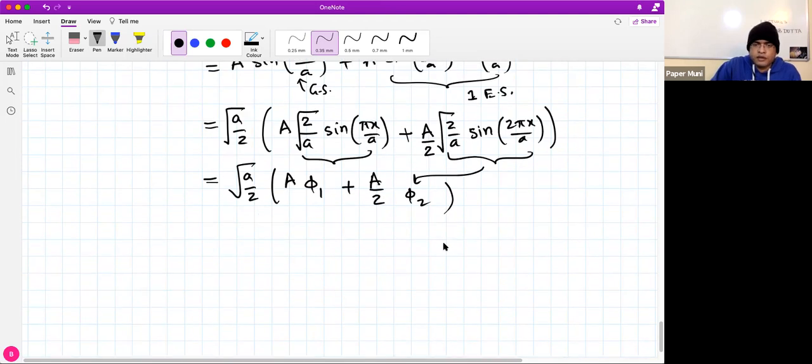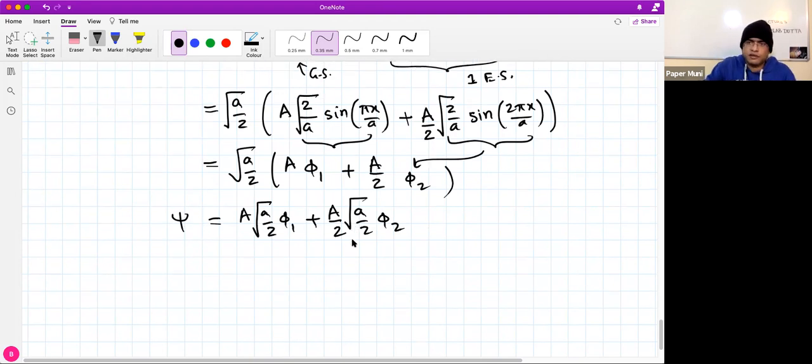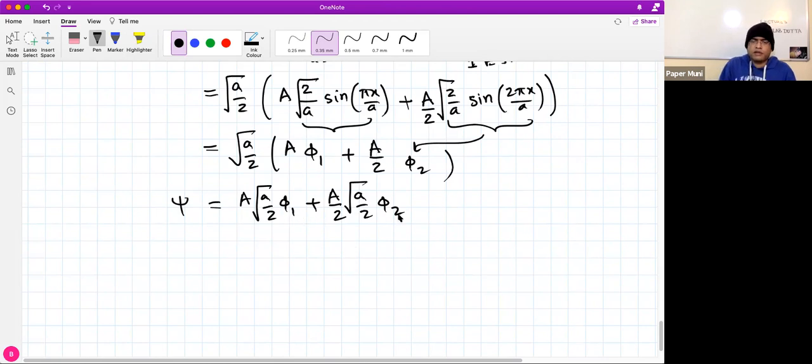So if we take these together, this will become √a/√2 times phi 1, plus a/2 times phi 2. Now the bases, phi 1 and phi 2, are all normalized.